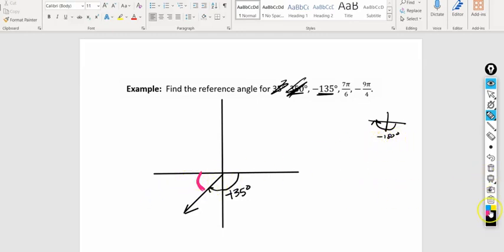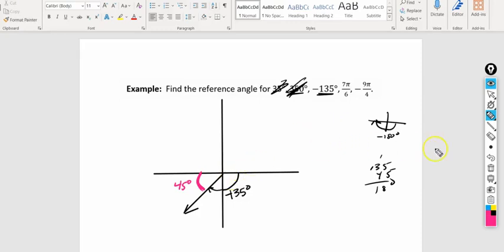Now you've got to be really careful here. Your reference angle is not negative 45. It's 45. The reference angle does not have direction. The reference angle is always positive. So it should be 45 degrees.